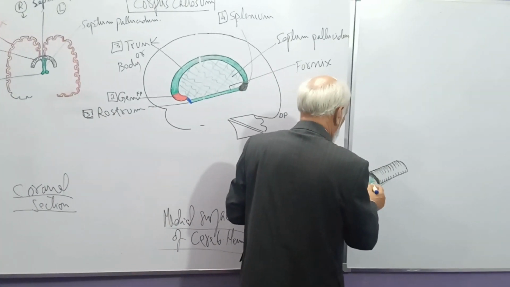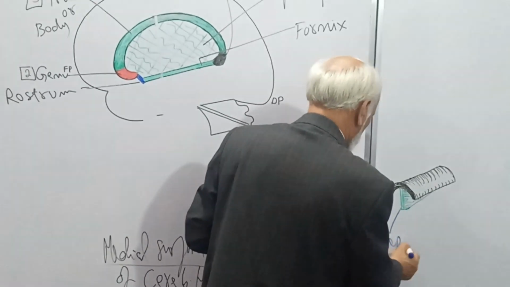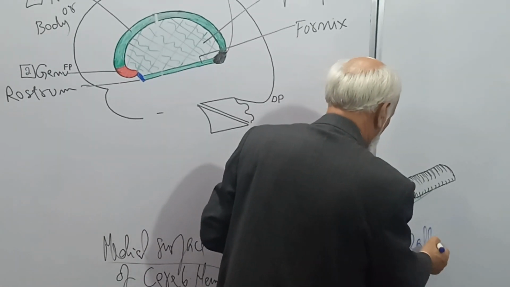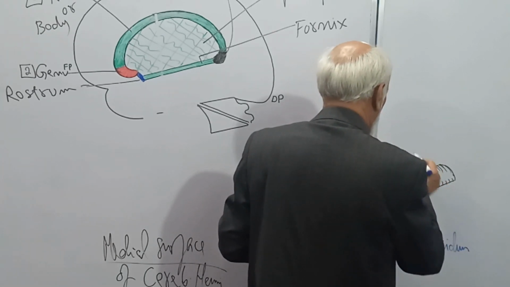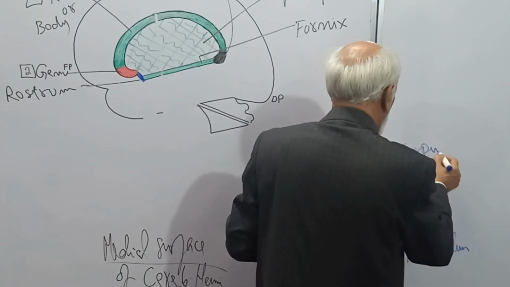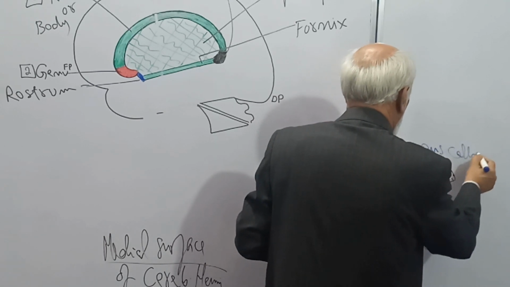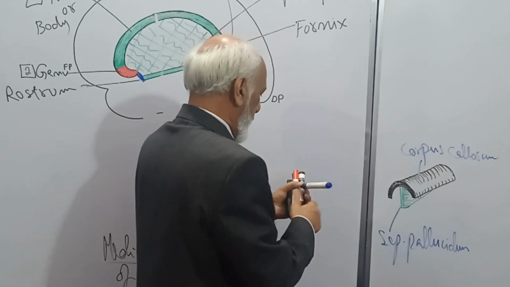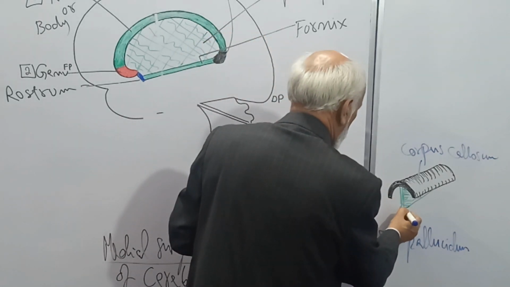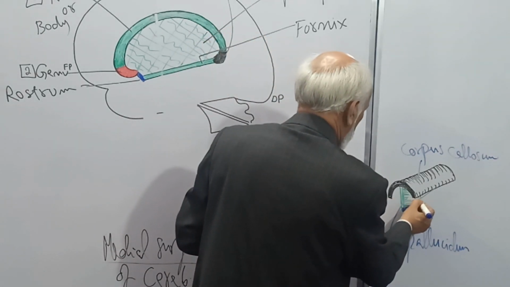For example, this is the septum pellucidum and this is the corpus callosum. And to the lower end of the septum pellucidum here, the fornix is attached, two cylindrical bodies.